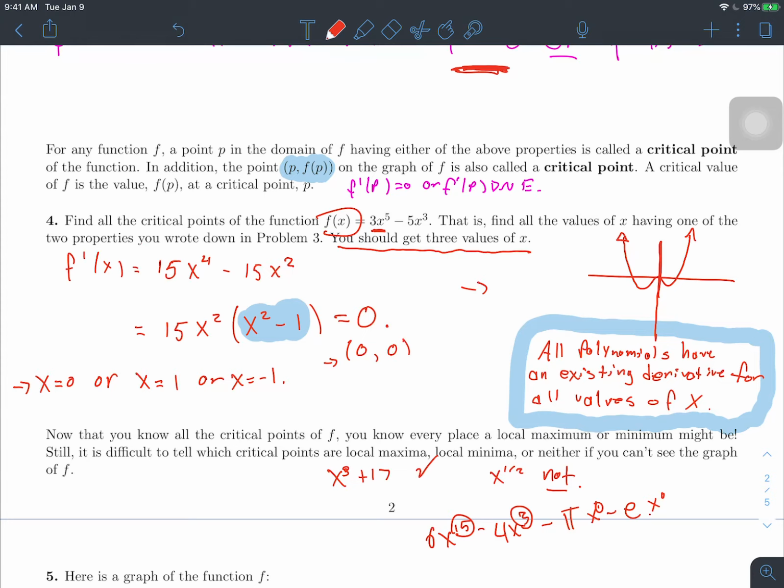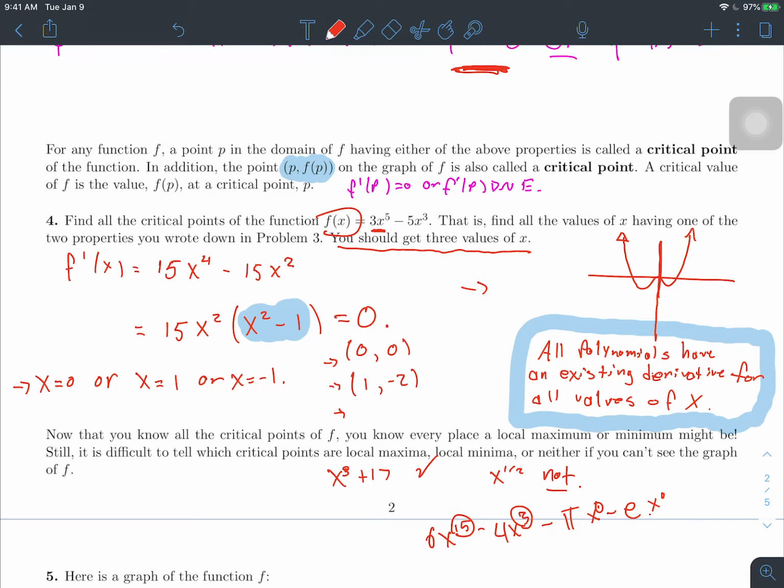So 0, 0 is a point on the graph of f of x where the derivative is equal to 0. We also have x equals 1. If we plug 1 into our function f, we're going to get 3 minus 5, which is -2.